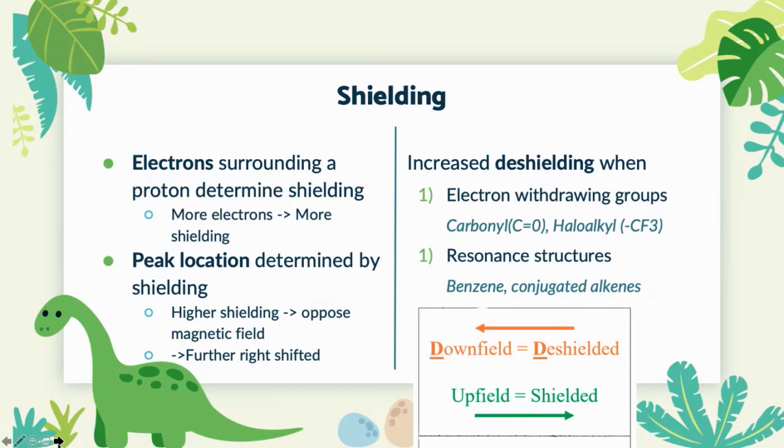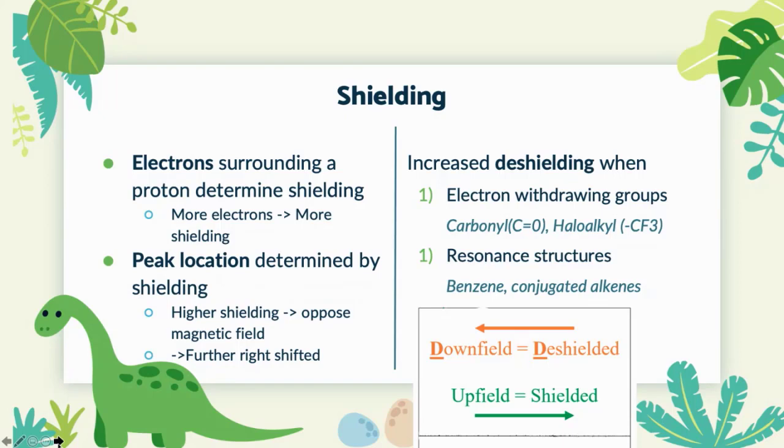For example, even with just our hydrogen protons, there's a possibility for de-shielding, in which electron withdrawing groups, such as carbonyls or haloalkyls, can pull some of those electrons away from that proton, creating this de-shielding effect where that proton is increasingly positive, allowing it to travel further on that magnetic spectrum.